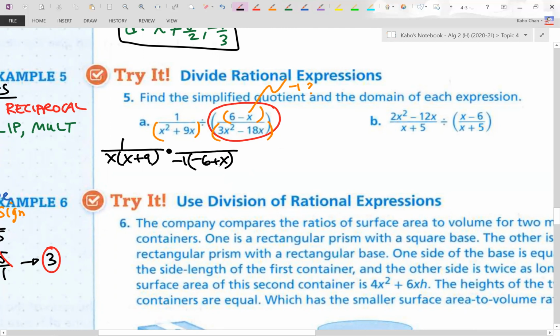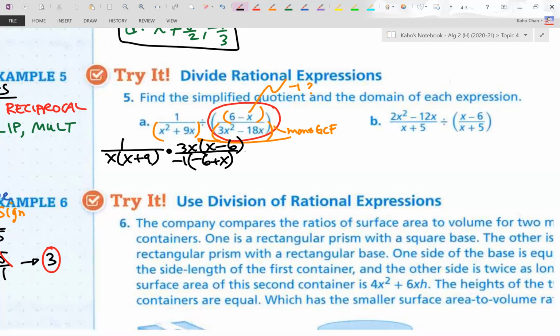In the denominator, 3x squared minus 18x, I can take out a monomial GCF as well. And when I do that, I'll be left with 3x times x minus 6. Oh, yeah, there it is. Okay, so let's get the domain out of the way, though.